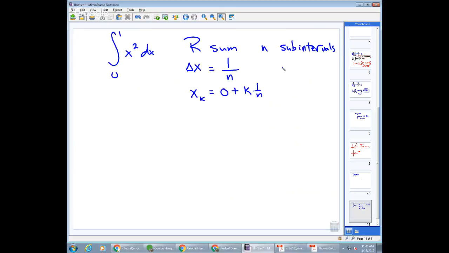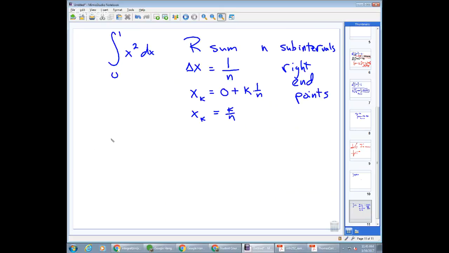So I'm going for right-hand endpoints. Notice the previous problem said upper sum, so then you'd have to say, what's bigger, the right-hand endpoint or the left-hand endpoint? Do they switch? Upper sums are way more complicated. I'm just going for right-hand endpoints. So my x sub k values simplify to just k over n.